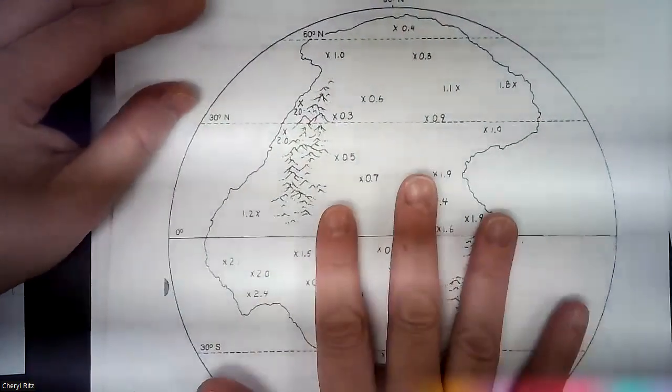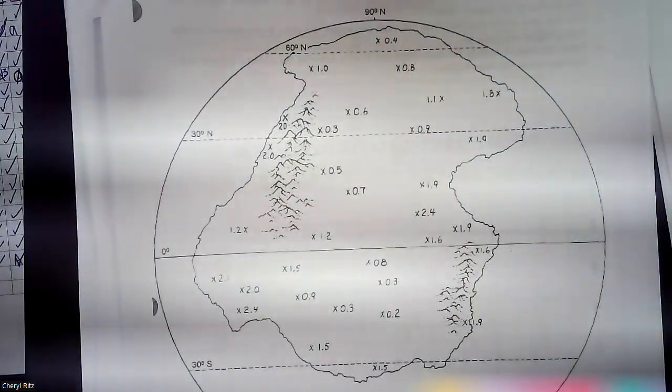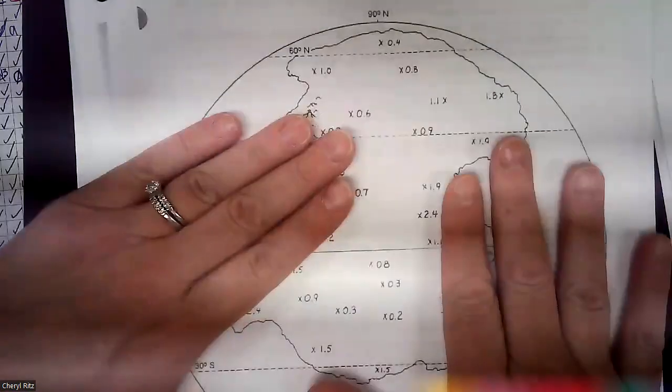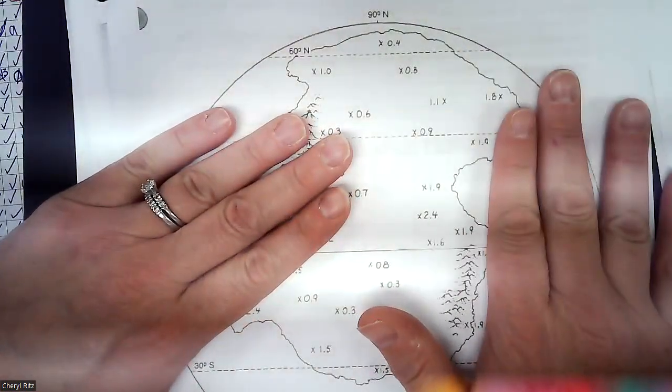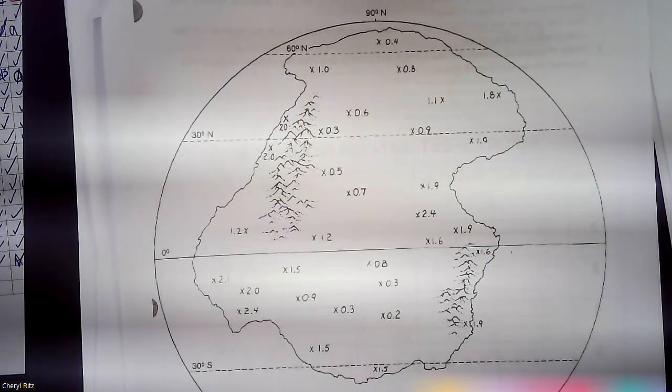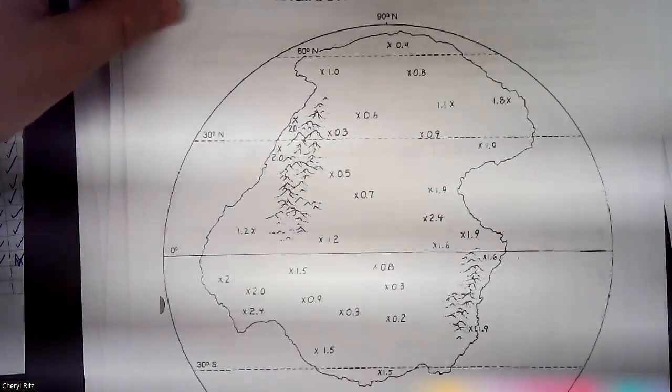But they do this as an imaginary planet so that you can't just say, oh, I know that places in Australia are hot, or Africa has a desert, or there's a tropical rainforest in South America. They don't want you using your preconceived ideas of the world on this planet. You have to use the concept of winds, latitude, elevation, and nearness to a body of water to figure out the climate of the areas.